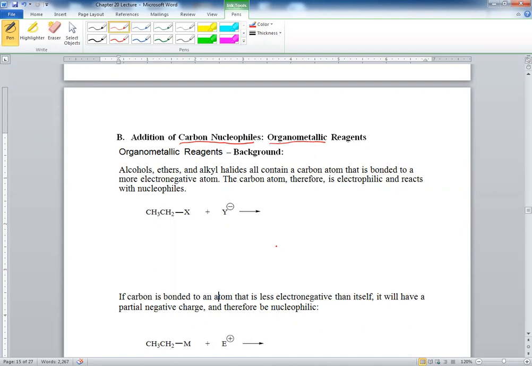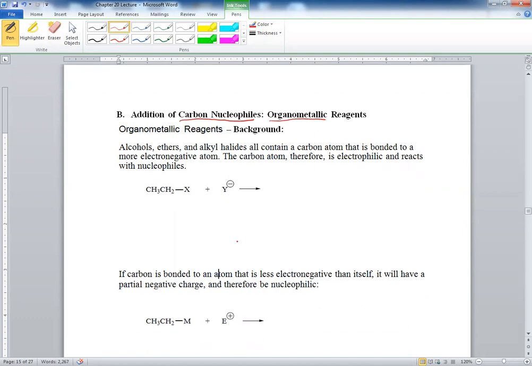So typically from last semester, Organic Chemistry 1, we studied alcohols, ethers, and alkyl halides. Let me just draw an alcohol for you. Suppose I have a methyl attached to an OH, that's an alcohol like methanol, so ROH. This would be ROR.